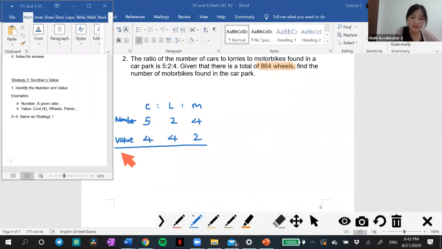Right, then you apply the same steps. Number times value for one set. So take the number times the value. So 5 times 4, 2 times 4, 4 times 2. So 20, 8, and 8.